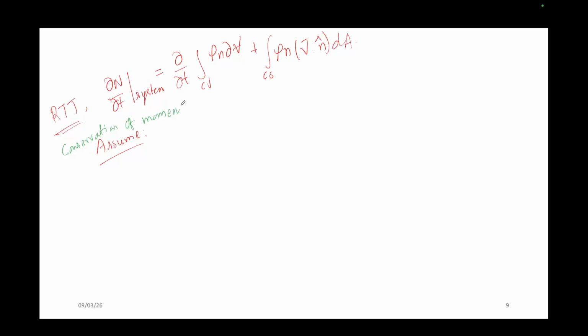So can you tell me what is momentum? Anyone? Momentum means mass into what? Mass into velocity.